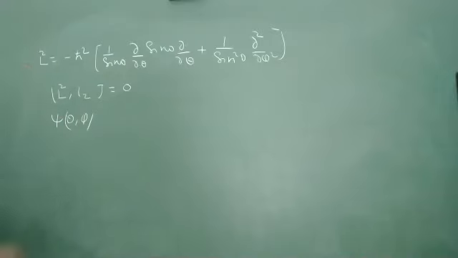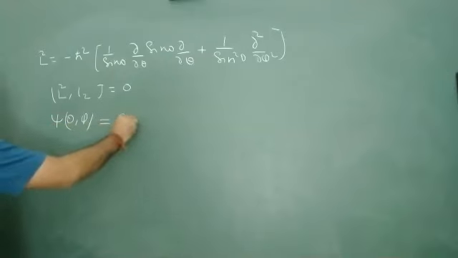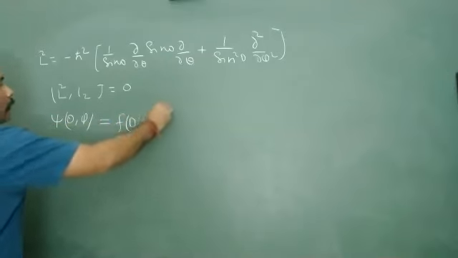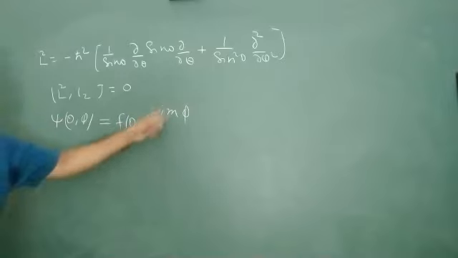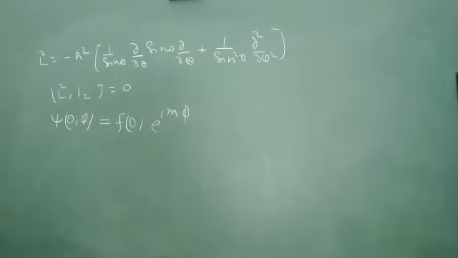So I can write ψ(θ, φ) as f(θ) e to the power imφ, because I know e to the power imφ is the eigenfunction of Lz. And you know that θ and φ are independent, so yes, we can use this.